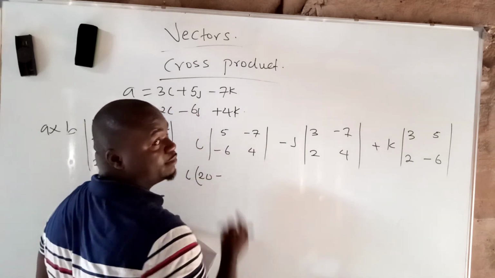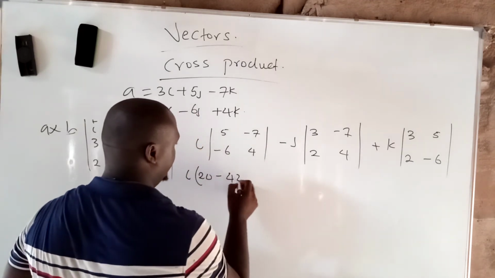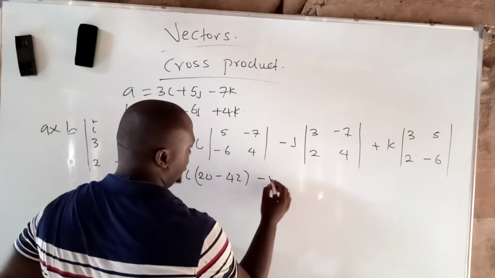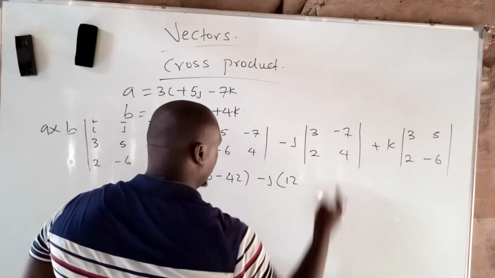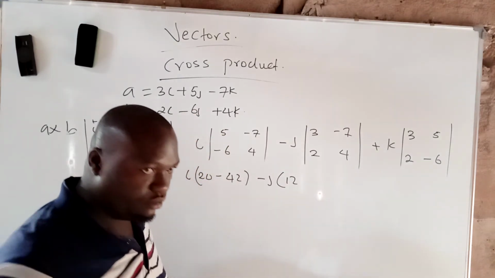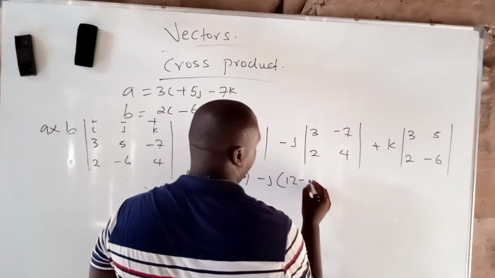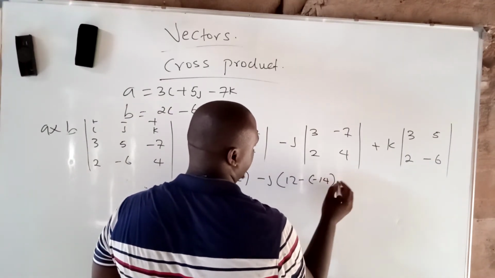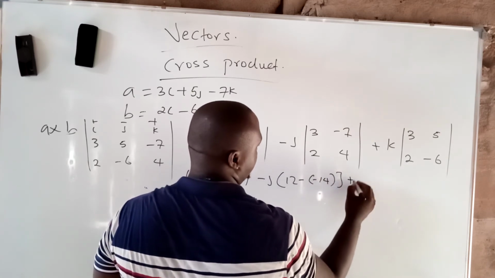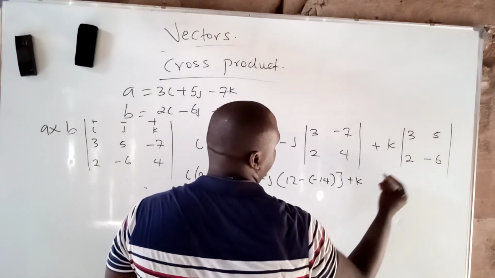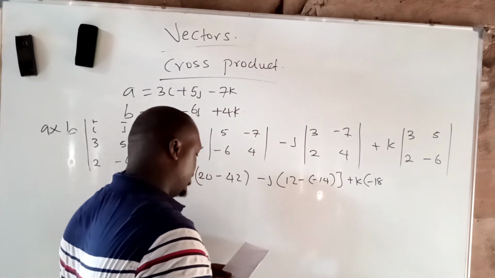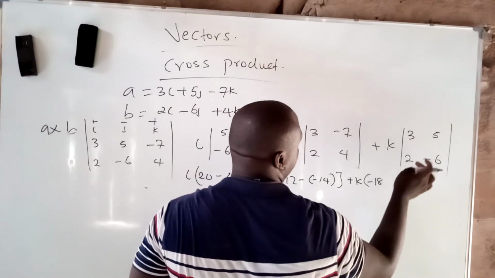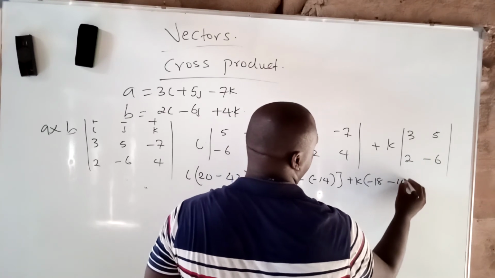Because this is minus times minus, this is 42, so we have minus 42 here. Minus j: this time this will give you 12, this time this will give you minus 14. So there is minus in the formula, I have minus 14. So plus k: this time this should give you minus 18, and 5 times 2 should give you minus 10.